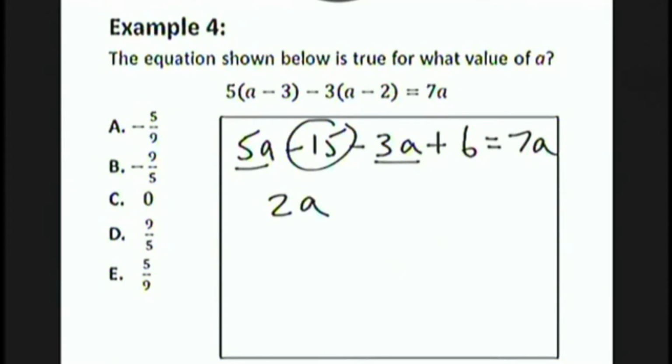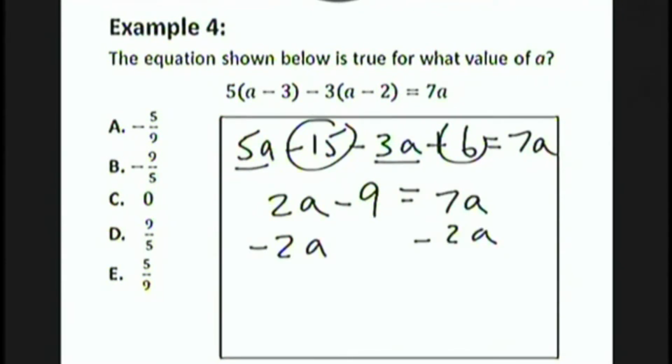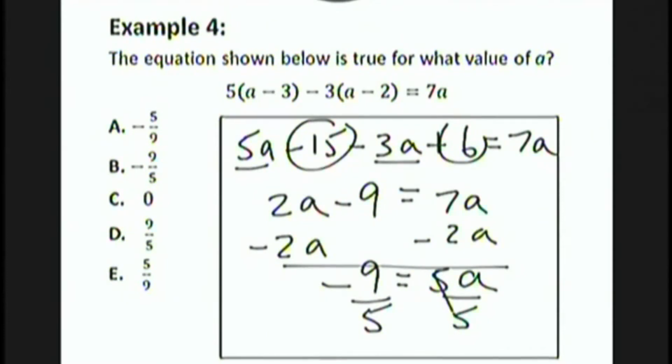Negative 15 and positive 6 is negative 9, equals 7a. Let's subtract 2a from each side of this equation to get negative 9 equals 5a. And finally, divide each side by 5 to get that a is negative 9/5, and that is choice B.